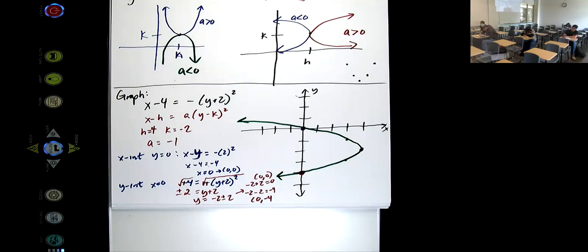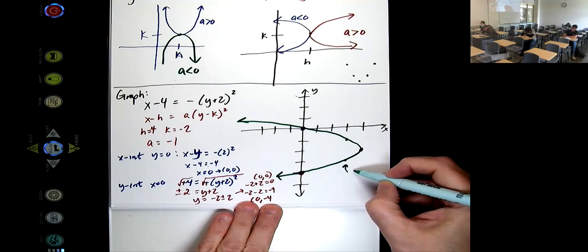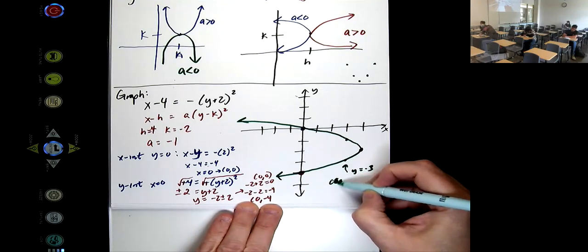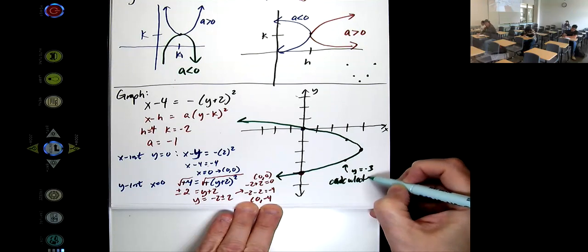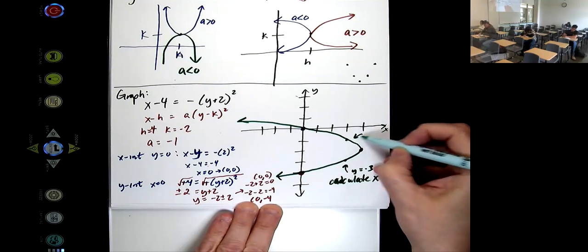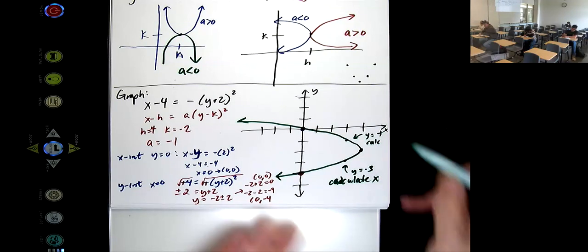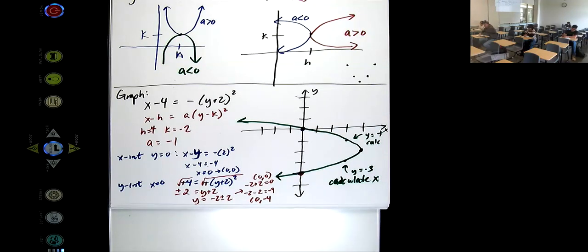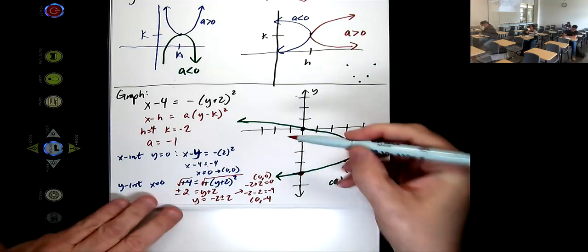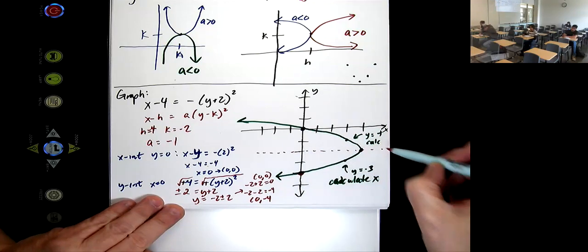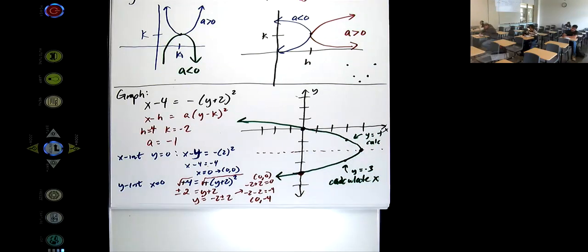You can always find these points by, if you plug in y equals -3 and calculate x. Or you could plug in y equals -1 and calculate x there. And just like the vertical parabolas, they are symmetrical about an axis. That's the good thing about parabolas.